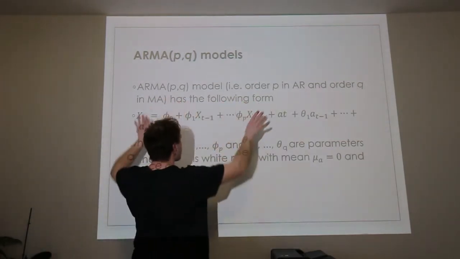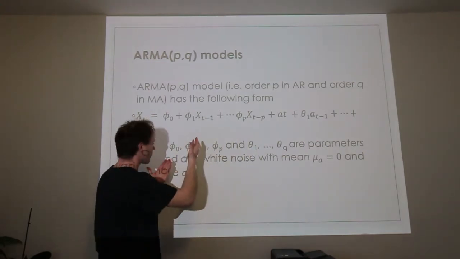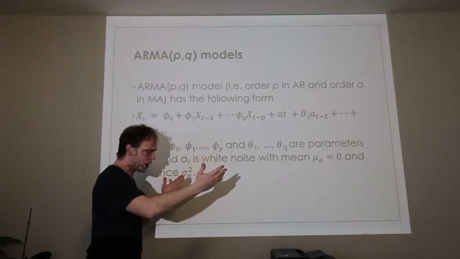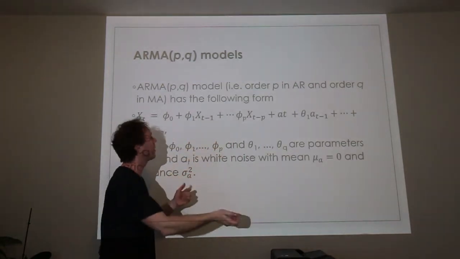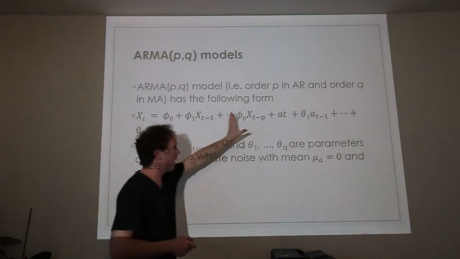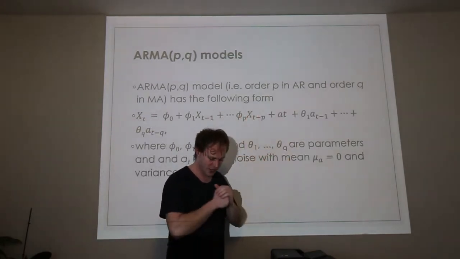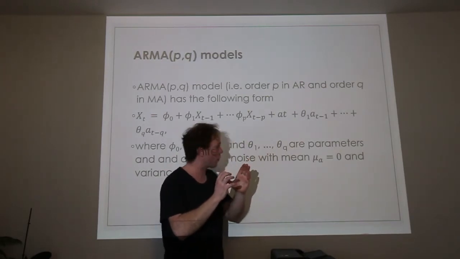So in the autoregressive part we have a correlation of previous values of the dependent variable x, and in the moving average part we have a correlation of lagged values of the white noise process.